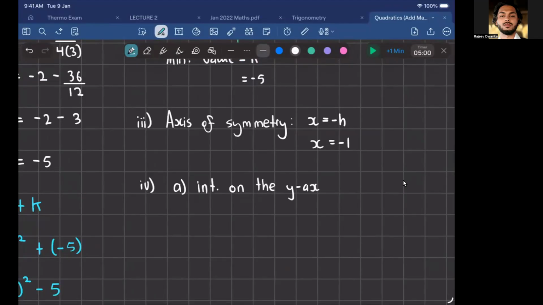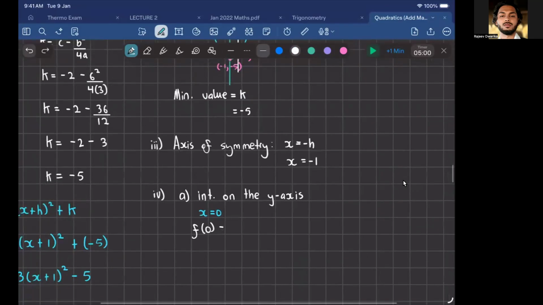So Serena, if a graph cuts the y-axis at that point, what do we know x is equal to? X would be equal to 0. Great. So if x is equal to 0, is it possible for me to figure out what the y value would be? Yes. All I would have to do is take x is equal to 0 and plug it into the function given. Exactly.